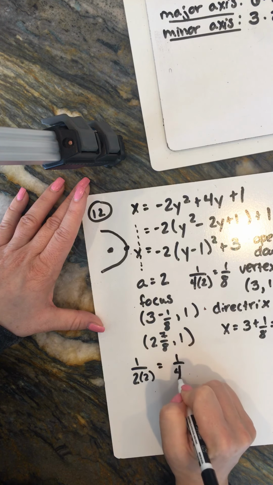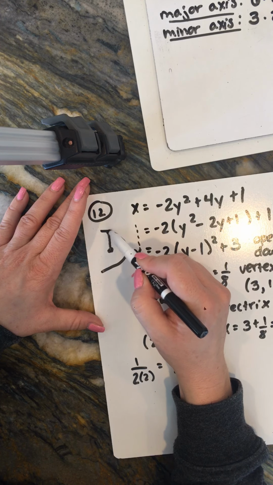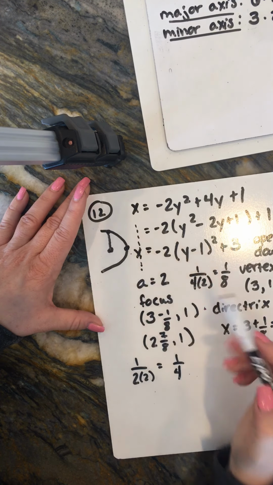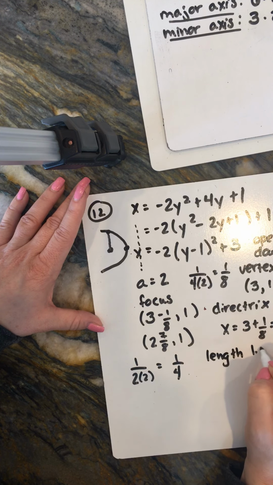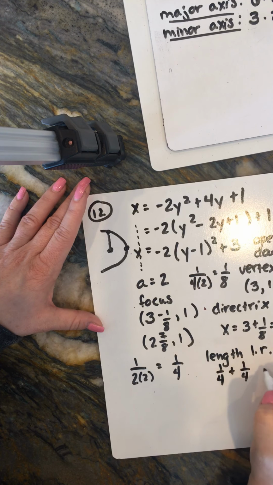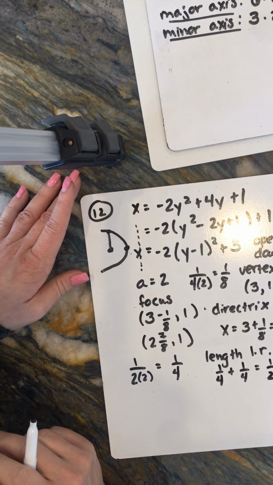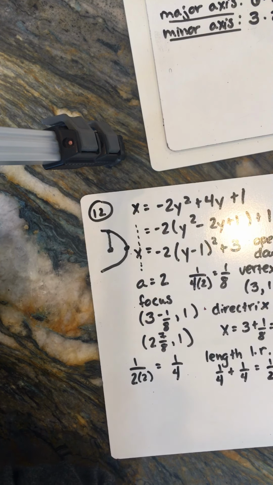So 1/4 from the focus over to the side of the parabola. And that gives us 1/4, let's see, the length of the latus rectum is 1/4 in one direction and 1/4 in the other direction. So that gives us 1/2. Okay, so there's the other orientation.